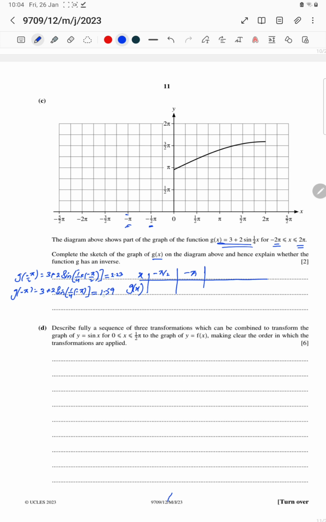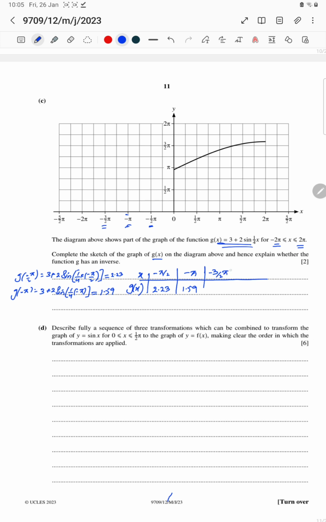Here guys, you need to be very careful while calculating this and keep the calculator mode at radian to get the right answer. So we get 2.23 and 1.59.